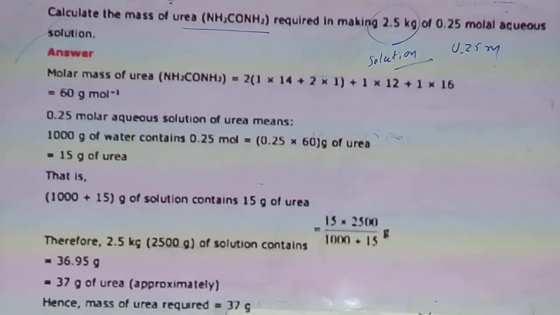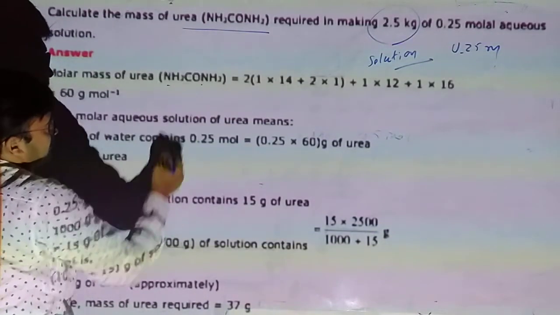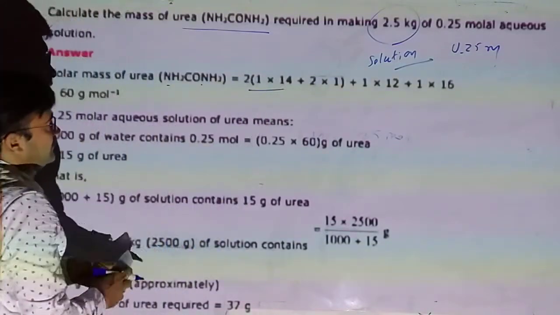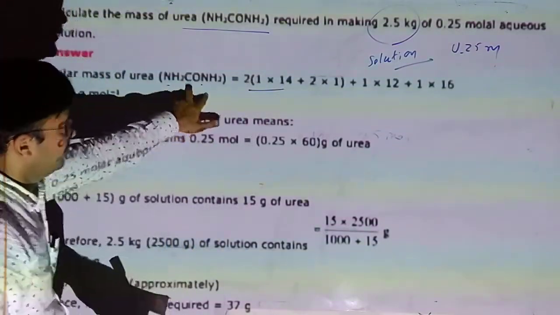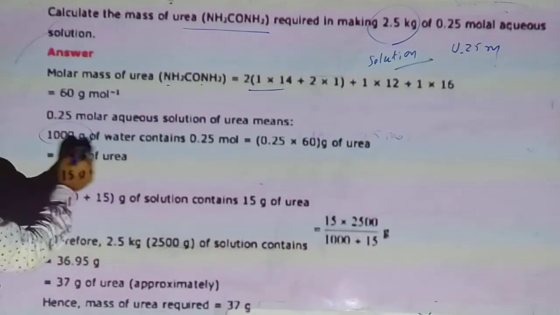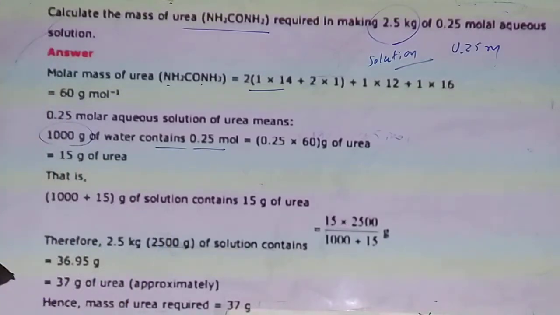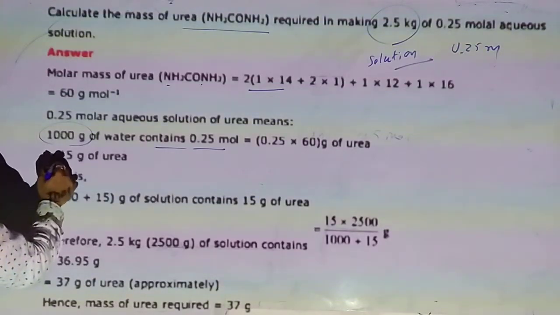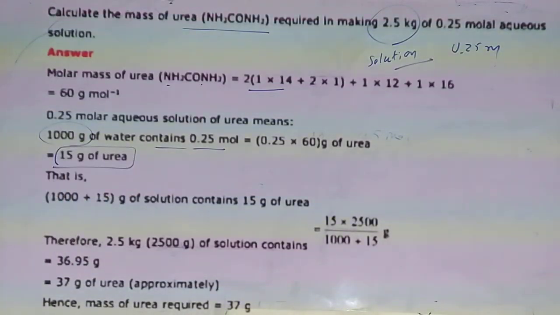Here the molar mass of urea: 2 nitrogen, 14 into 2 is 28, 1 carbon 12, 1 oxygen 16, so 60 gram. A 0.25 molal urea aqueous solution means 1000 gram of solvent contains 0.25 mole. So 0.25 into 60, so 15 gram of urea is present.